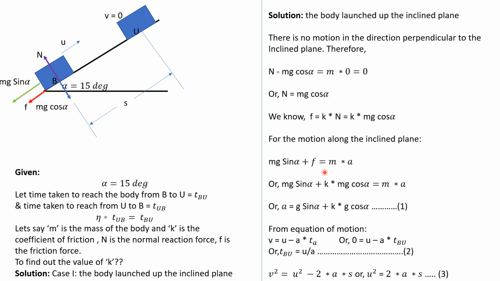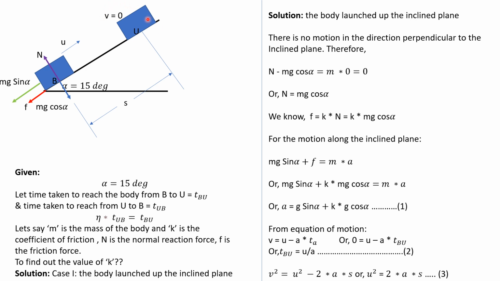So mg sin alpha plus f is equal to m a. Putting the value of f, mg sin alpha plus k m g cos alpha equals m a. Upon solving, a is equal to g sin alpha plus k g cos alpha. Let this be equation number 1.